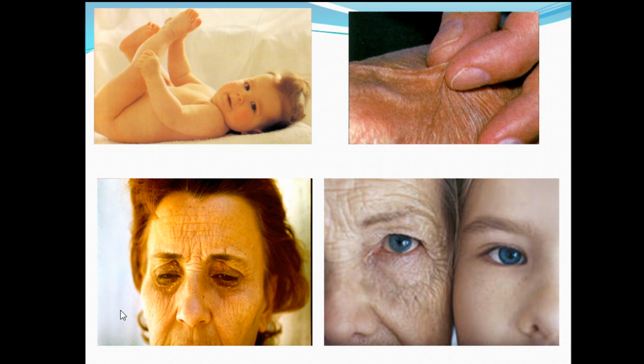More completely, elasticity of the skin will be assessed during the next examination method, palpation, which you will study in practical classes. But in the case report, elasticity of the skin will be assessed in the part of the case report as inspection.